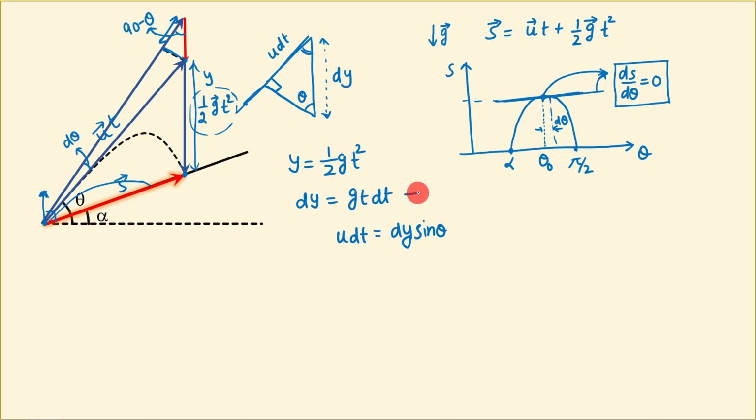So of course we can substitute the value of dy from equation 1. So you will get u dt equals gt dt sine theta. So dt will get cancelled. The value of t comes out to be u by g sine theta.